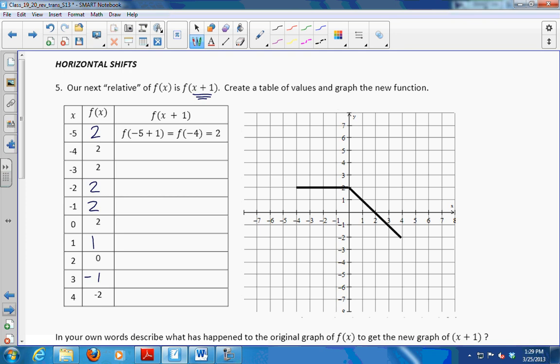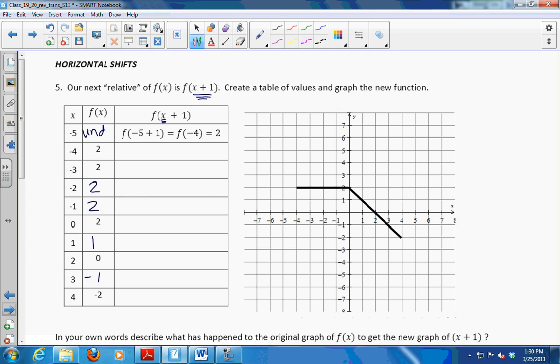So why can I plug in a -5? Well, sorry, I should say this one's undefined. When x is -5, f is undefined, right? But this relative of f is not undefined because I can take that -5, replace my x with it.